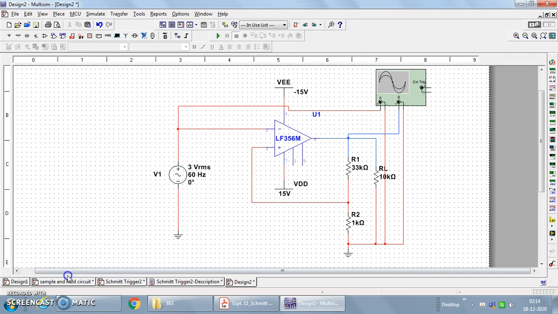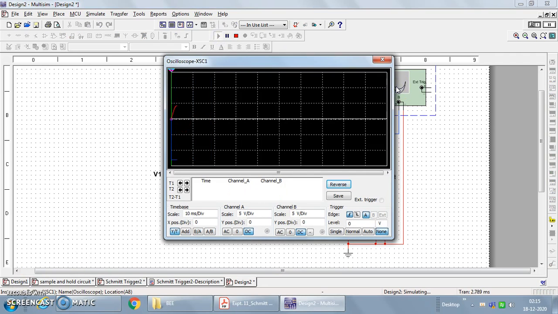Now if we simulate the circuit and see the waveforms on the CRO, these are the input and output waveforms. We can make this a bit faster. So this is the waveform. We can change the values and adjust the amplitudes also.